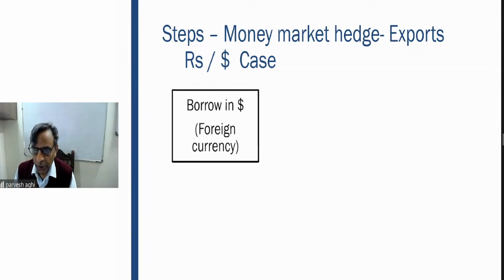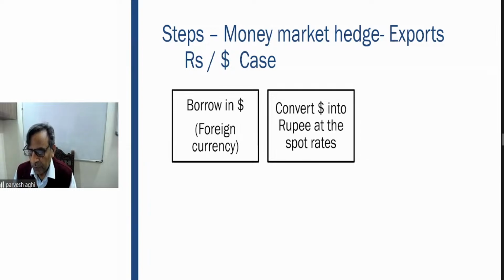What you're going to do is first borrow in dollars. The first step would be to borrow in foreign currency, because you are exporting the goods to America. How much you're going to borrow, I'm going to explain.